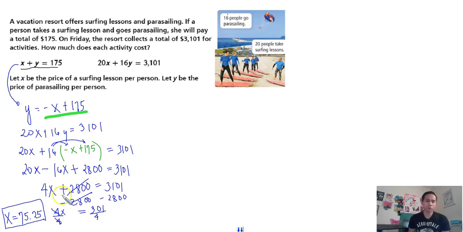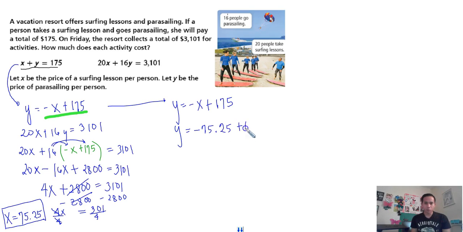Because I have already the value of x, I'll go and get this one. y is equal to negative x plus 175. Okay, and your negative x there would be y is equal to negative 75.25 plus 175. So y is now equal to 99.75.